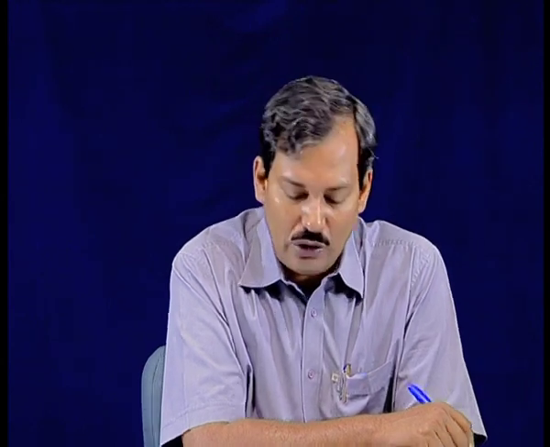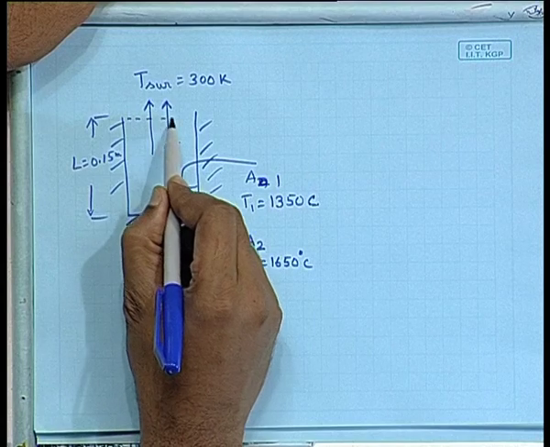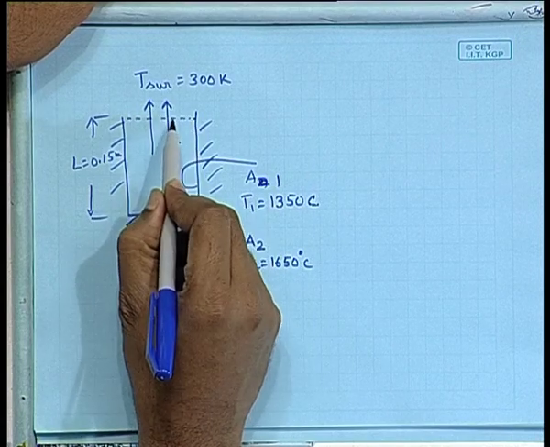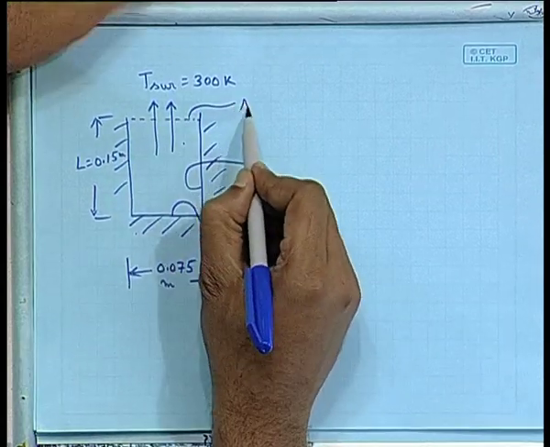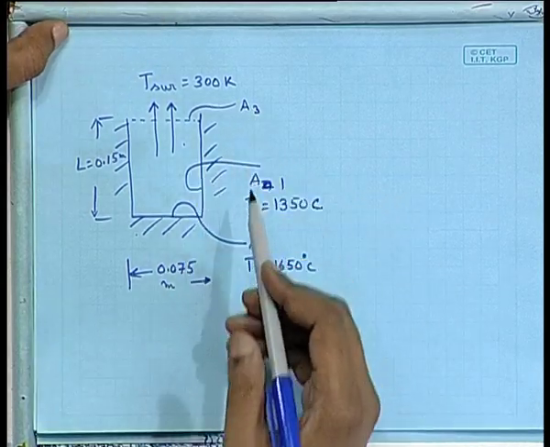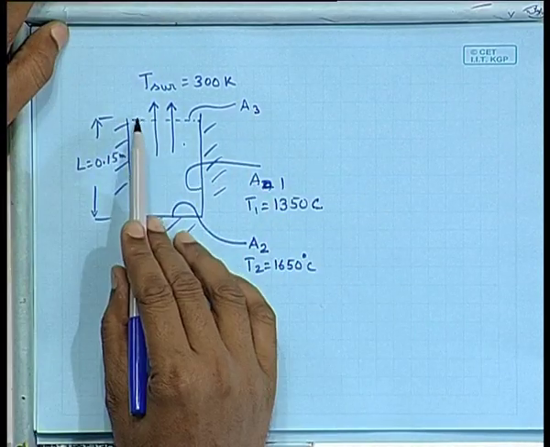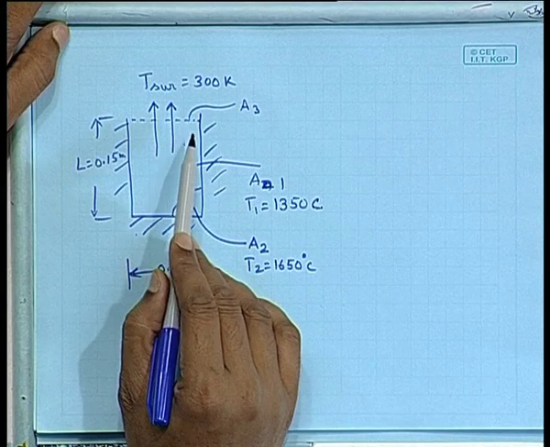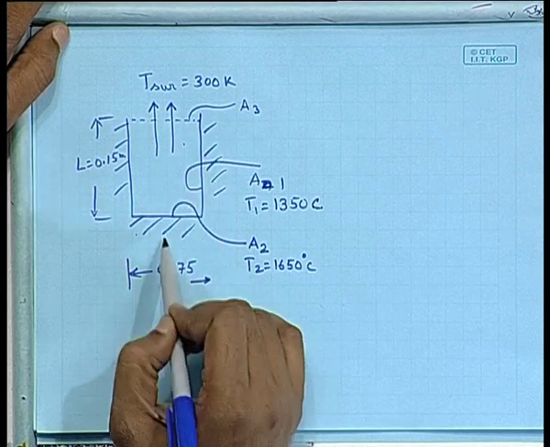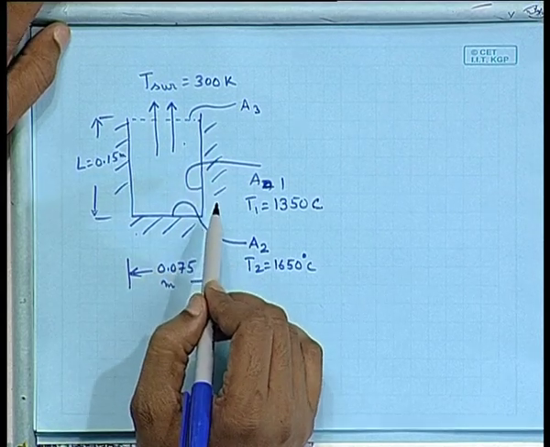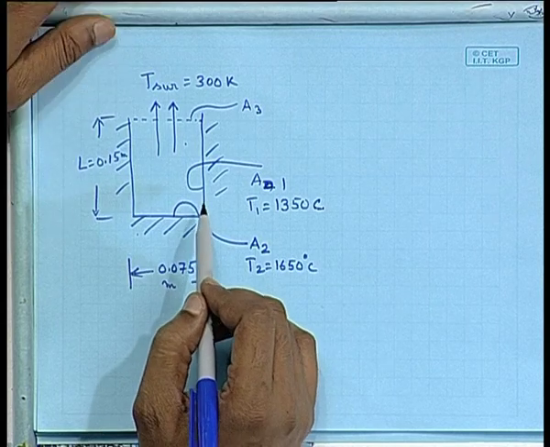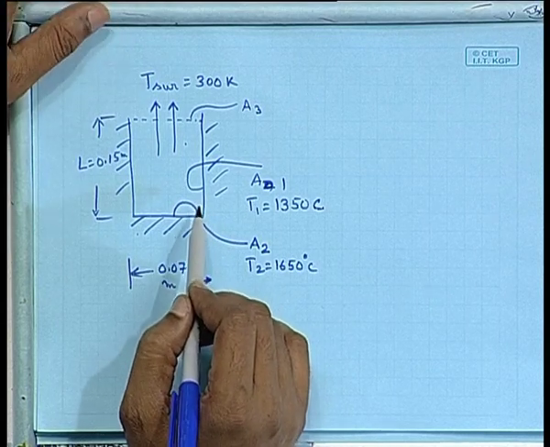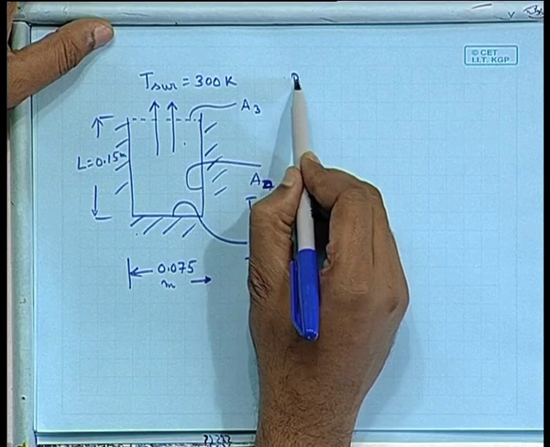For that we have to find out, this is obvious, the total energy that is leaving through this hypothetical surface A3, which is open. The total amount of energy that leaves through the hypothetical surface A3, if we can find it out, is the amount of energy I have to supply into the cavity. Now, all the surfaces can be assumed to be black bodies.